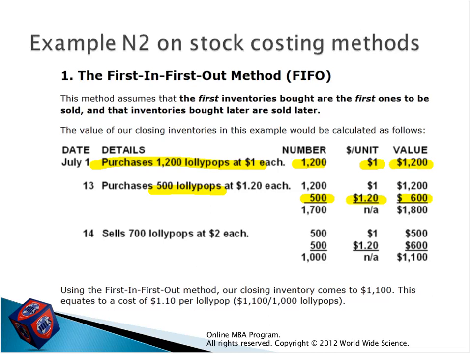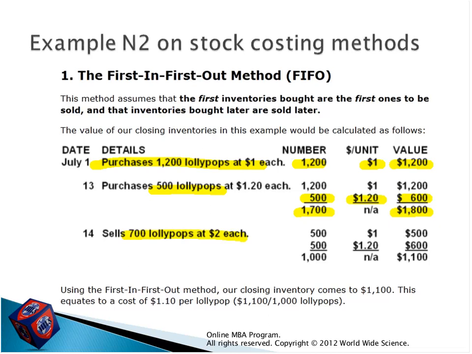The two purchases contain $1,800 in value, which is 1,700 lollipops in units, right? Then on July 14, she sold 700 lollipops at $2 each.